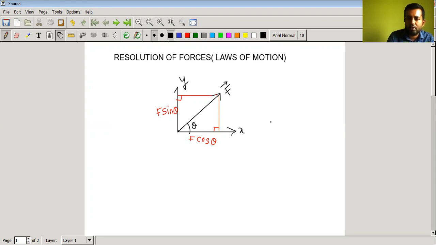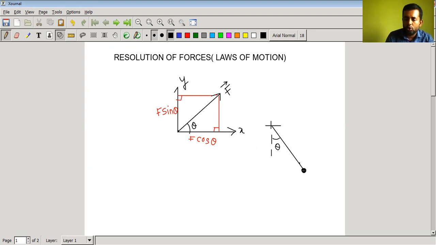So let us say we have a pendulum and it is oscillating, and at one instant let us say it is making angle theta at its extreme. Now the first question is, what are the forces acting on the pendulum?